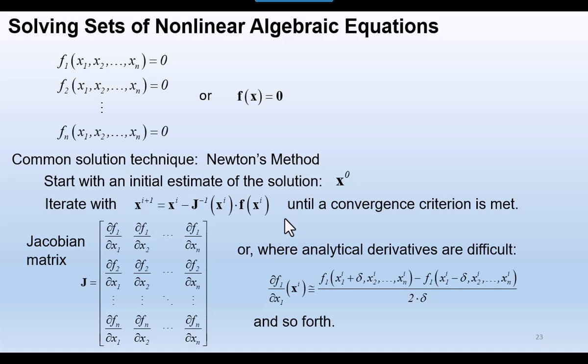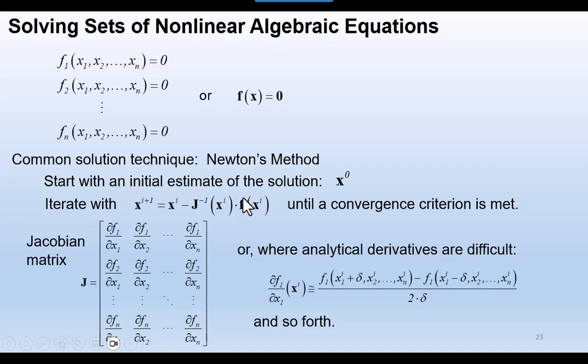So the way that this works is we take our current estimate for the solution and produce a new estimate with this adjustment. And the adjustment includes multiplying by our equations evaluated at the current estimate, but also multiplying by the inverse of the Jacobian matrix for that set of estimates with a minus sign.